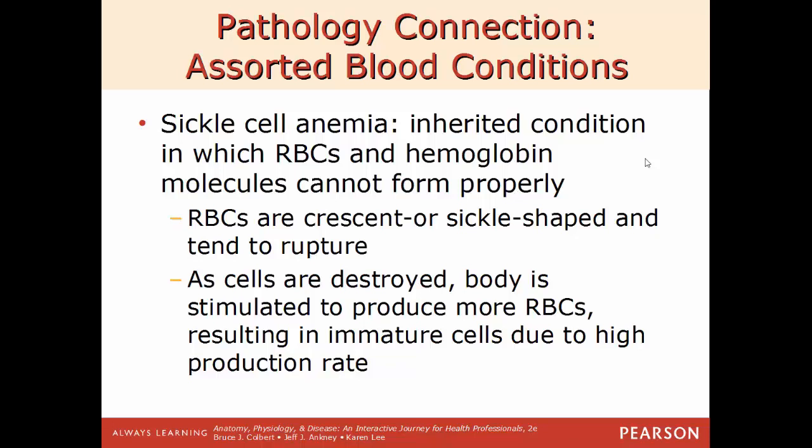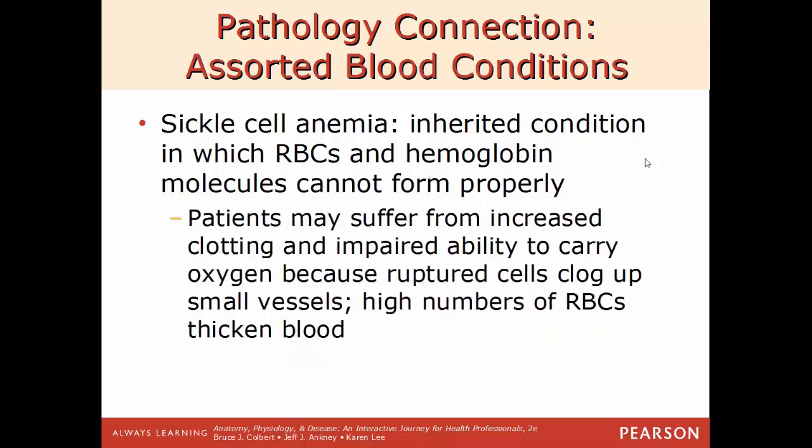So as these cells are destroyed, the body is stimulated to produce more red blood cells, resulting in immature cells due to a high production rate. And these patients will suffer from increased clotting and the impaired ability to carry oxygen because the ruptured cells basically clog up blood vessels. And then when you have high numbers of red blood cells, this will cause the blood to become more viscous and thickened.